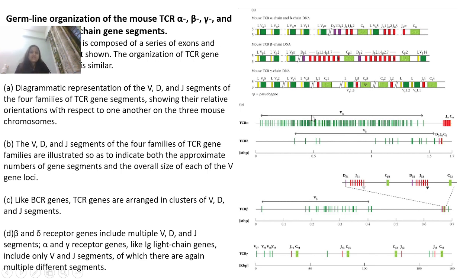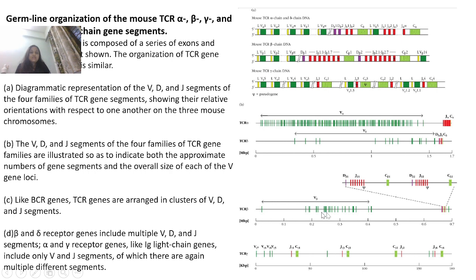So these are the V, D and J segments of the four families of TCR genes, to indicate that this many V chains are there. For V alpha, you can see TCR alpha, this many V alpha will be there, which can recombine with any J region and form that alpha chain.